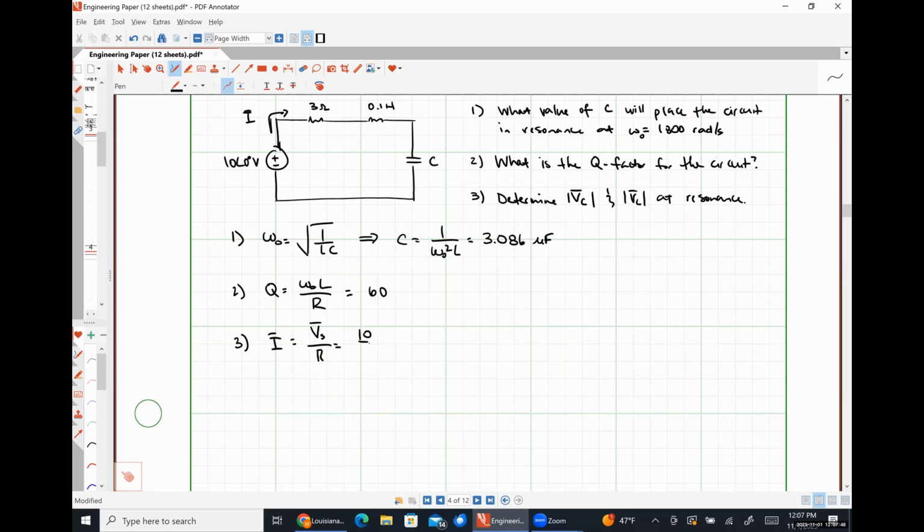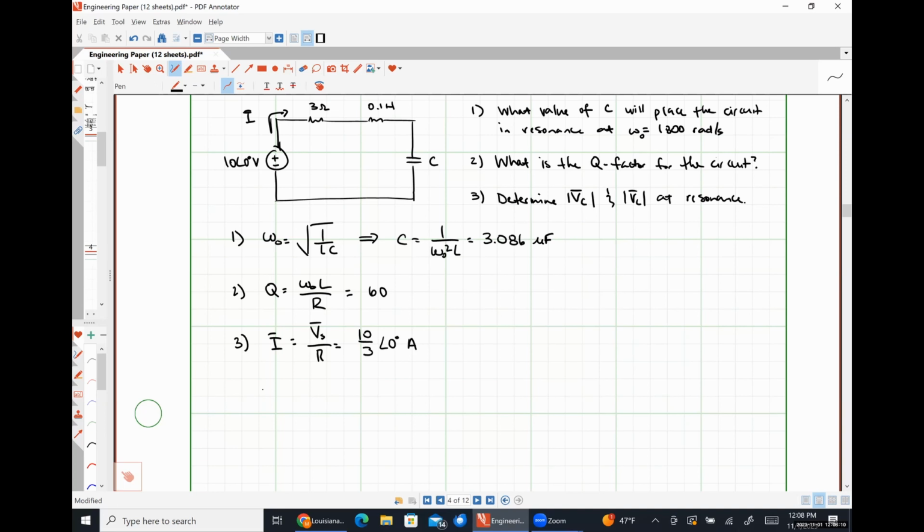So this is going to look like 10/3 angle 0 degrees. So when our circuit is operating at resonance, we don't care about the inductance nor the capacitance, because we know that the resistance is the only part that's actually doing anything at that particular point in time.